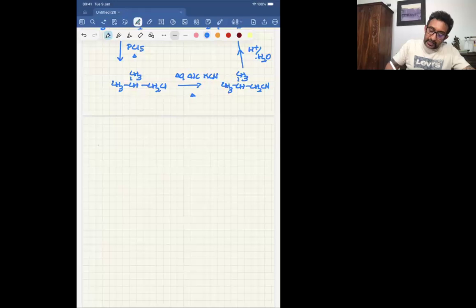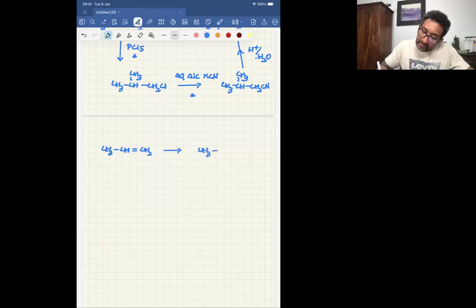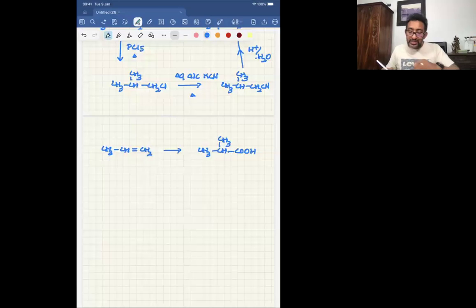The next one is CH3 CH double bond CH2, and you have to convert this into CH3 CH(COOH) CH3. You have to attach the group to the center.